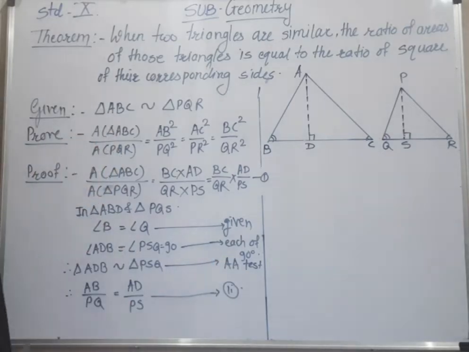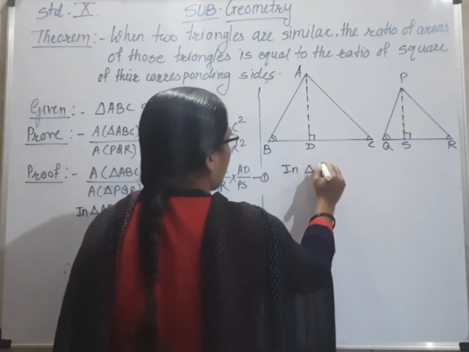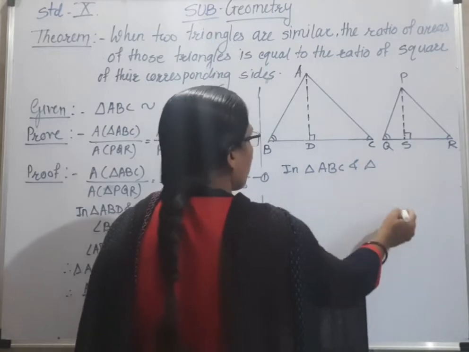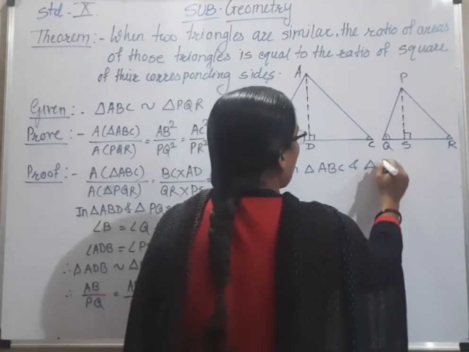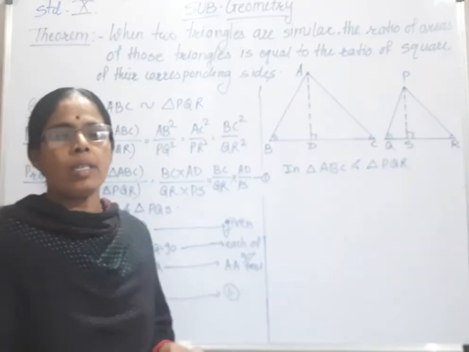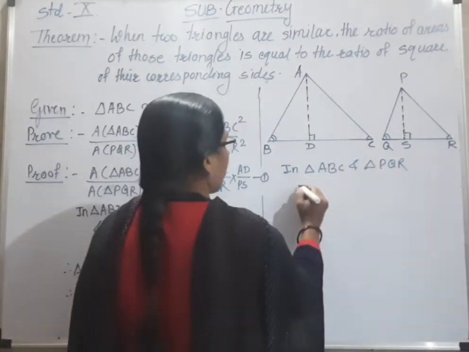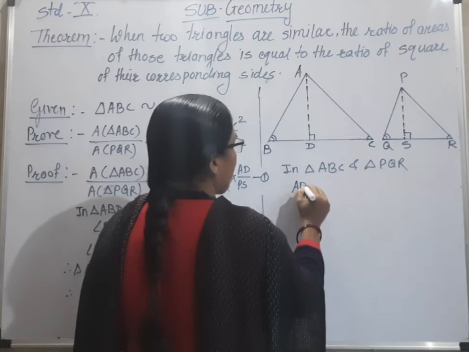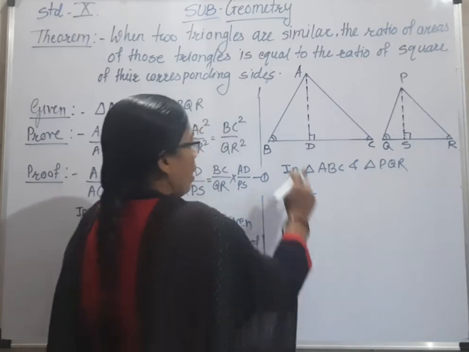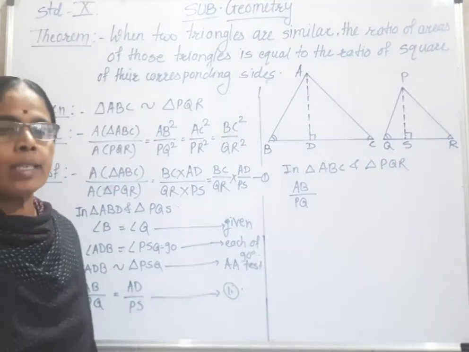Now in triangle ABC and triangle PQR, these two triangles are similar, already it is given.